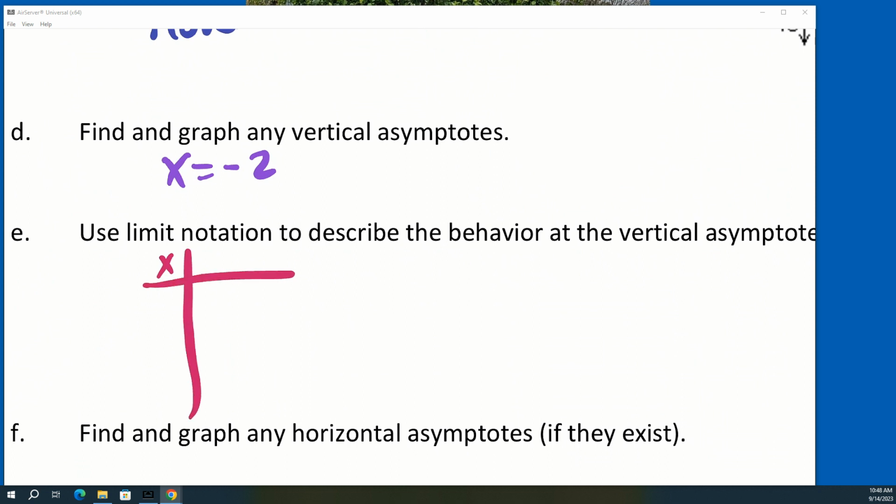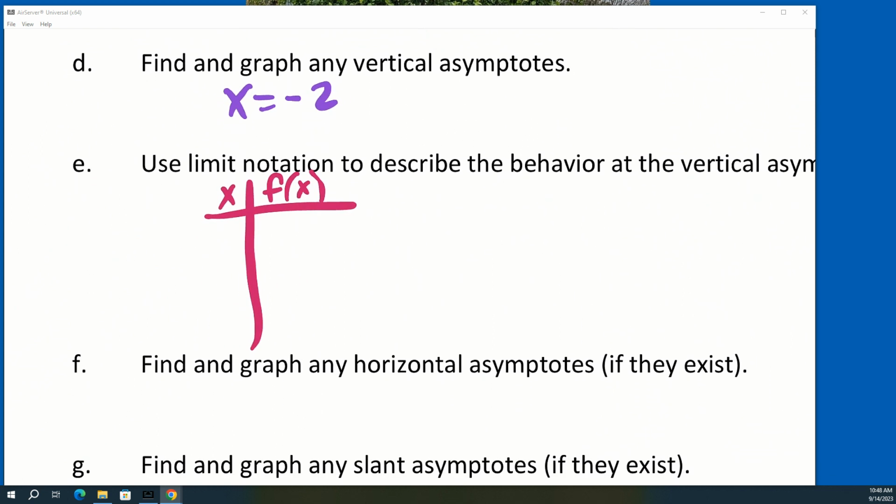And then to use this limit notation to describe the behavior at the asymptote, that's where we do this table of values. And we're going to plug in something on the left side of -2 and something on the right side of -2. So a little bit smaller than -2 is going to be -2.1, and a little bit bigger is going to be -1.9.